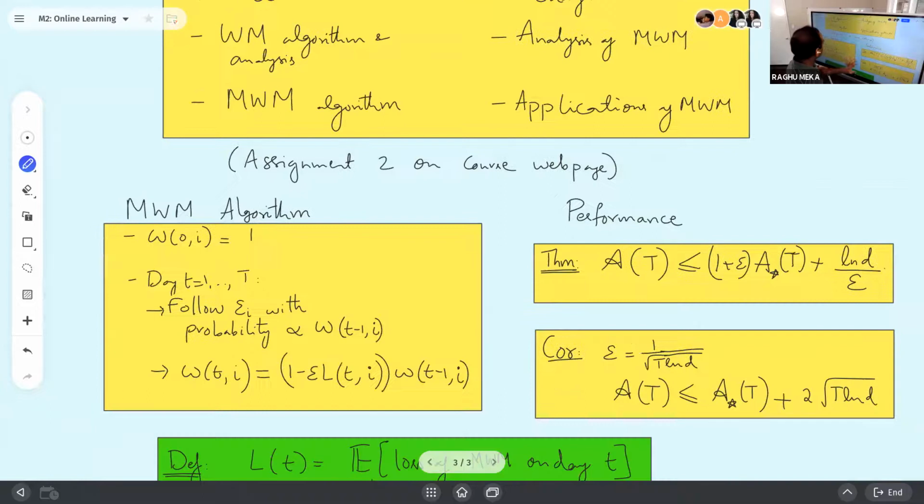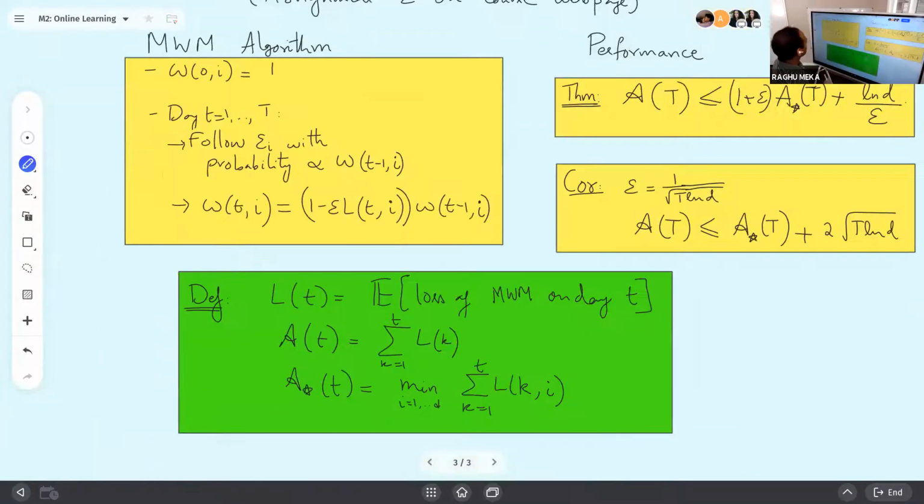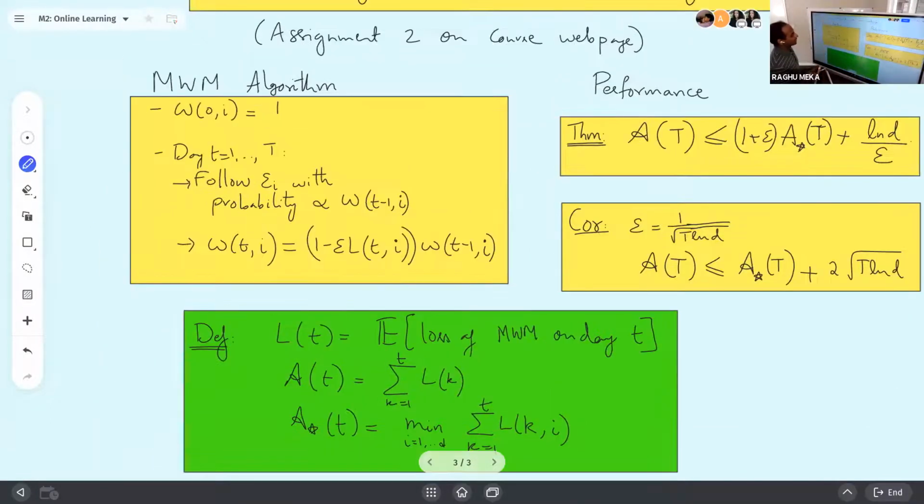Okay, just as a recall, what was the multiplicative weights algorithm? You started out by giving a weight of 1 to each expert. Then on each day, as we learn about the losses of the experts, we update their weights. If an expert is making a lot of mistakes, then we penalize them, and their weight keeps going to 0. Why are these weights important?